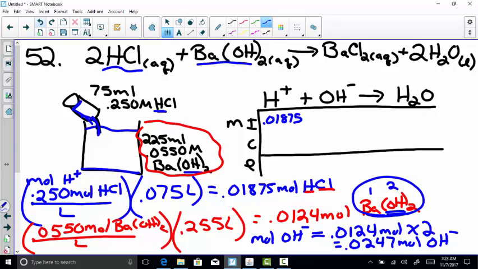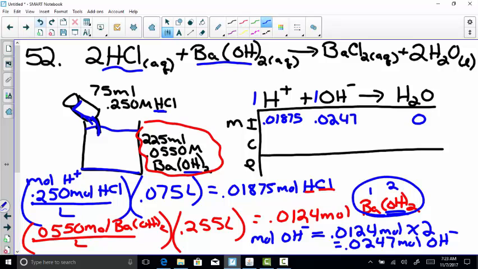So if I go back up to my ICE chart, I have 0.0247 moles of those. And then we have no water to start with.